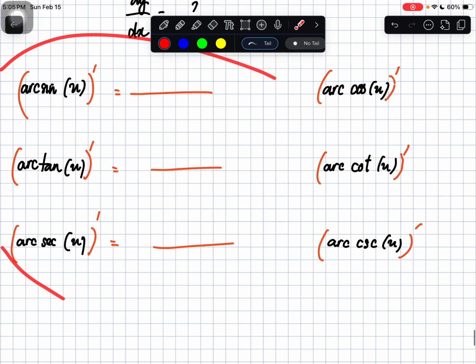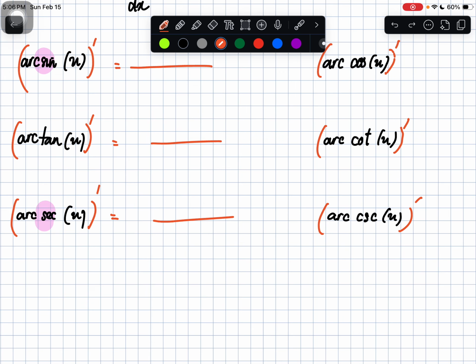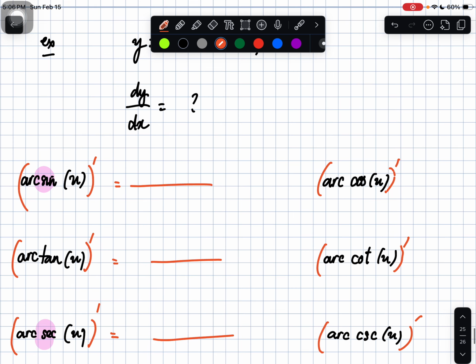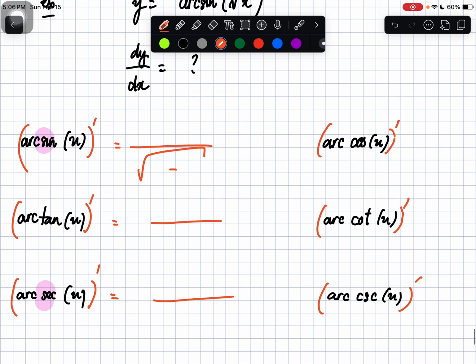For sine and secant, you see the s here, that will be subtraction and square root. Memorize that as subtraction and square root: you have a square root, you have a subtraction.